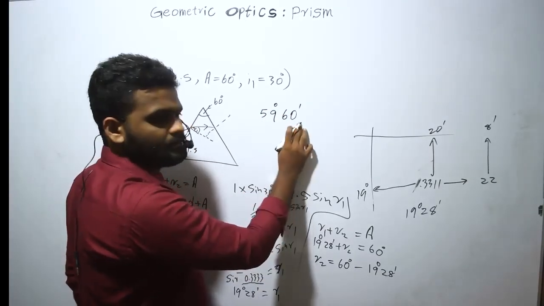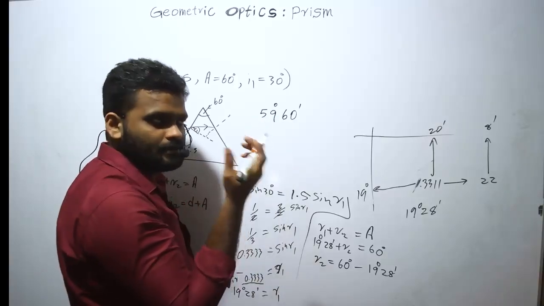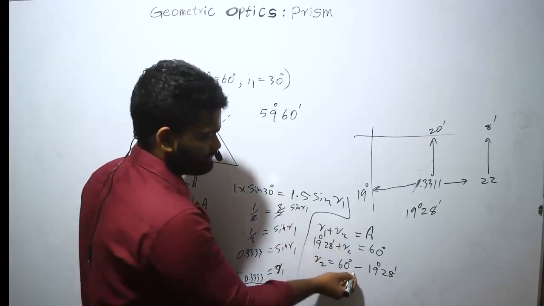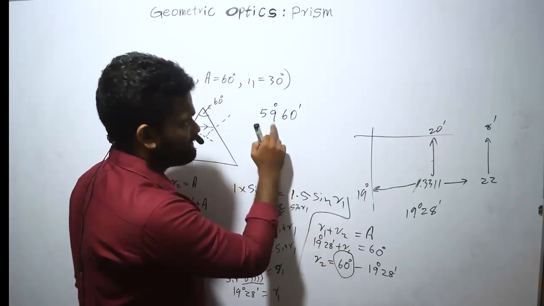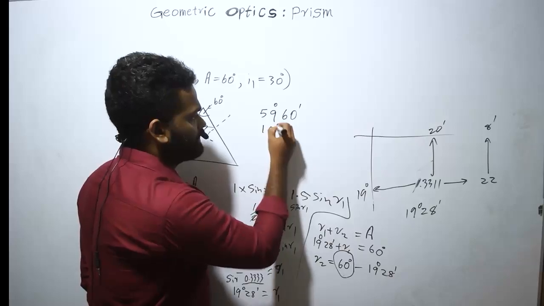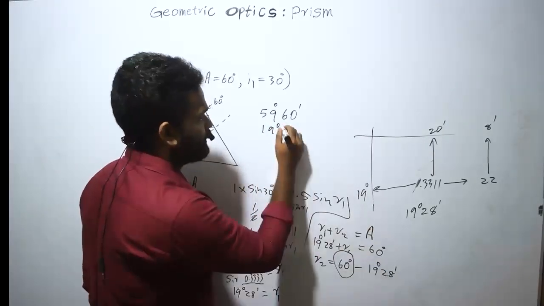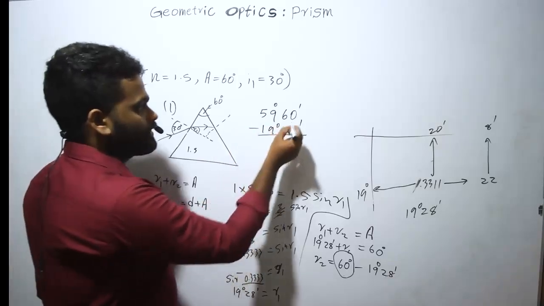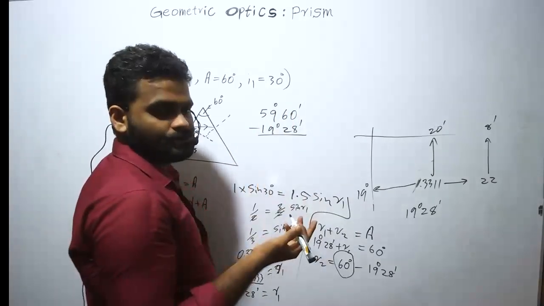When you add these two, it is 60 degrees. So another way to write 60 degrees is like this. Then you subtract 19 degrees 28 minutes.